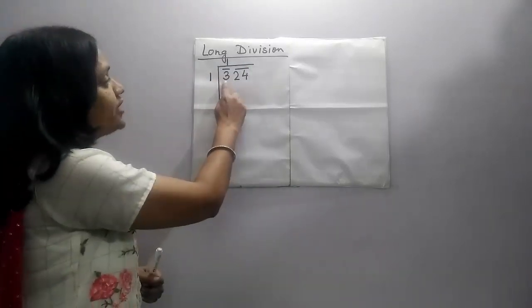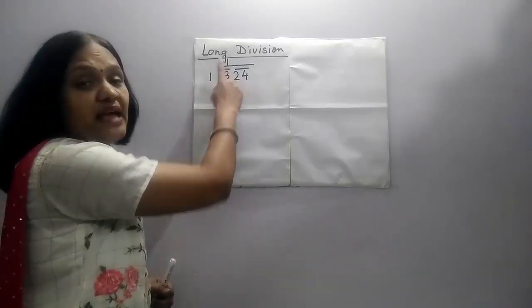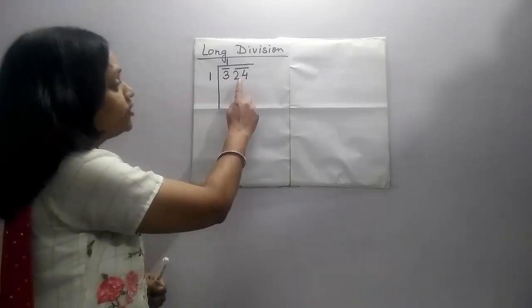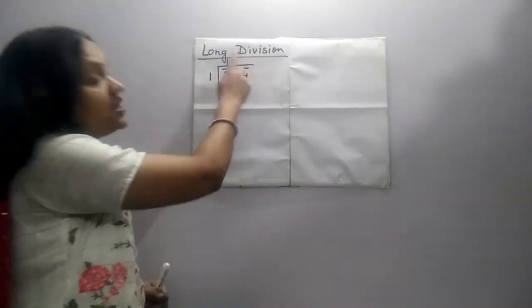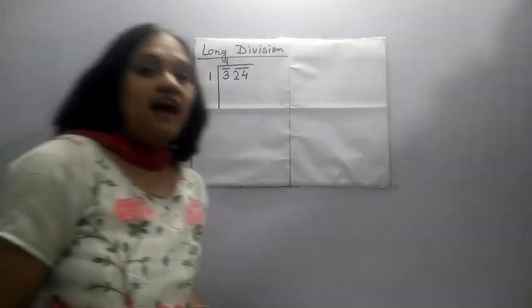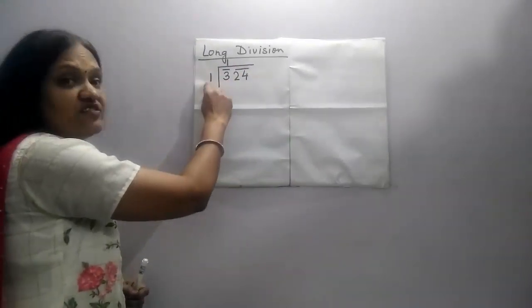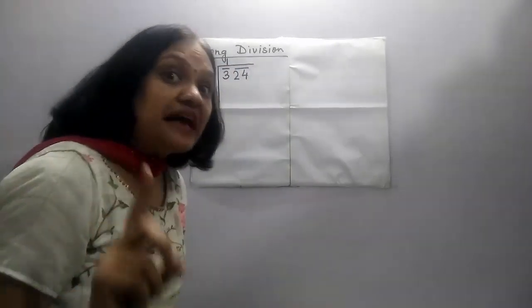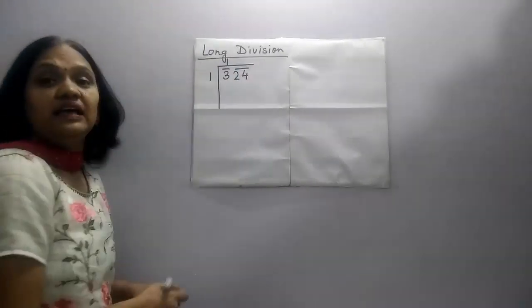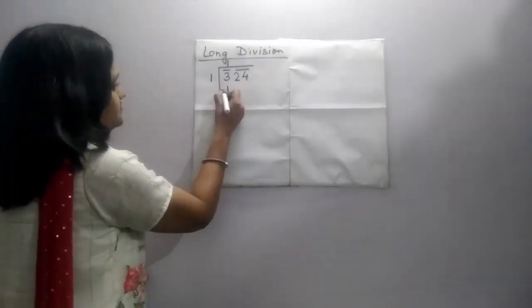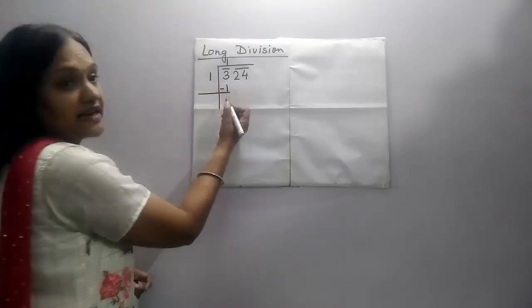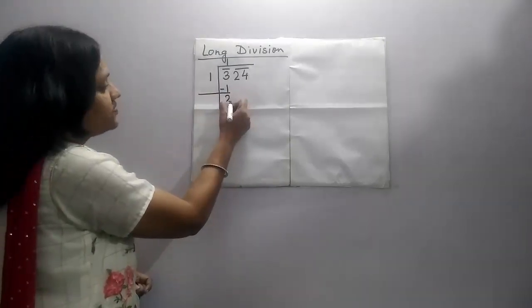Remember that for every pair there has to be an answer digit. For 24, which is a pair, again we will surely have an answer digit. Now the same natural numbers have been written in both places. Now 1 into 1 is 1. Subtract, you get 2.